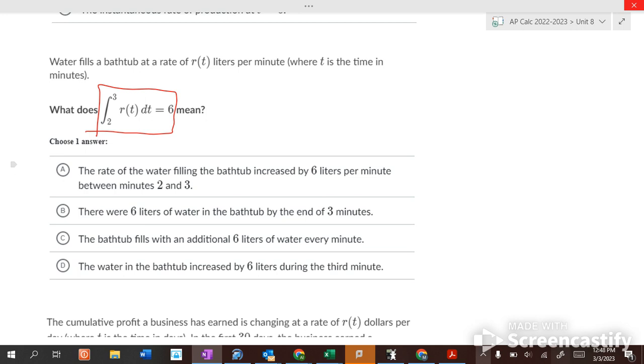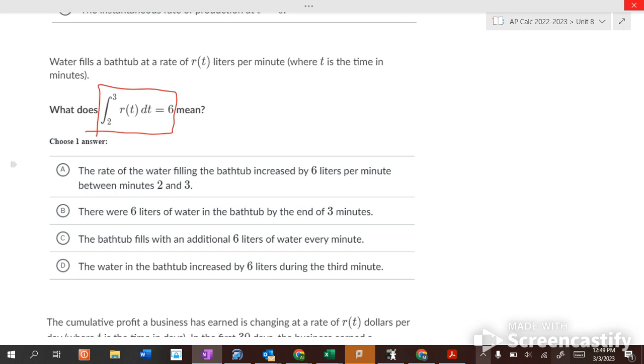Your first minute would be from 0 to 1 minutes, your second minute from 1 to 2 minutes, and your third minute from 2 to 3 minutes. So the amount is 6 in the third minute. The water in the bathtub increased by 6 liters in the third minute.